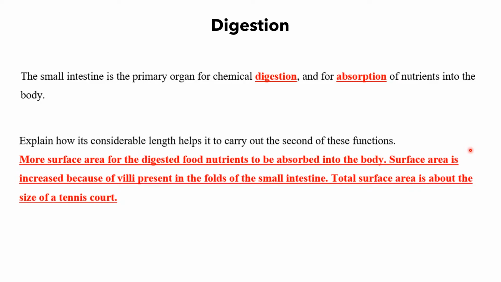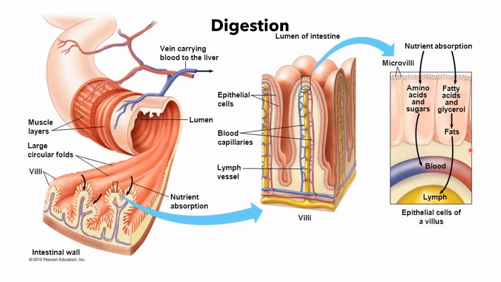Okay, and we're going to see in a moment too that to expand on that surface area even more, the epithelial cells have arranged themselves into villi. And then on the tops of those cells that make up that villi, we're going to find that there's even smaller microvilli. And so let's look at what that looks like. So here on the left is the cartoon depiction of a small intestine.